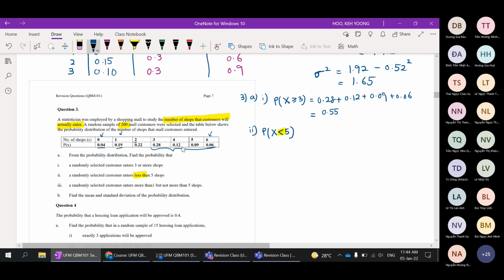You have 0, 1, 2, 3, and 4. So 0.04 plus 0.19 plus 0.22 plus 0.28 and 0.12. Add them up together, you get 0.85.